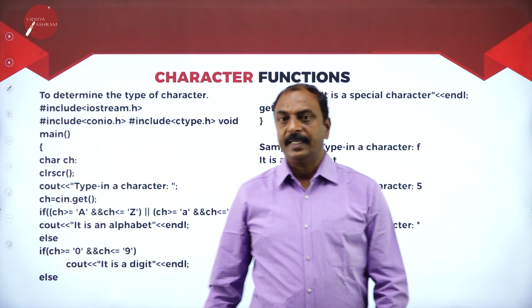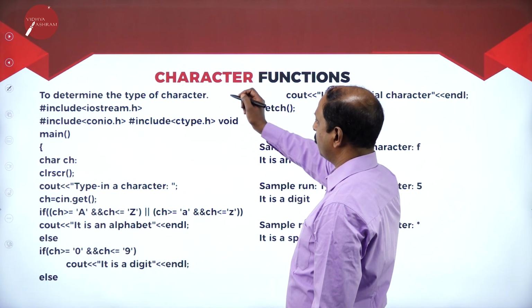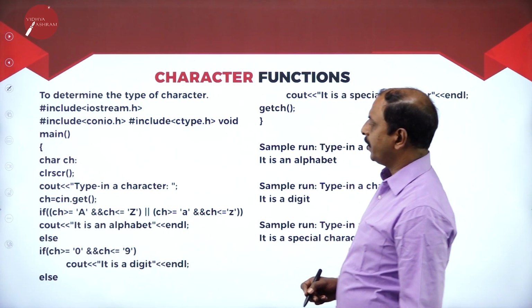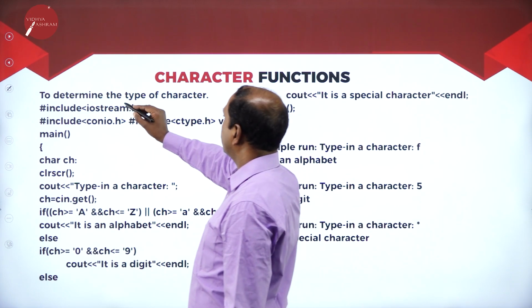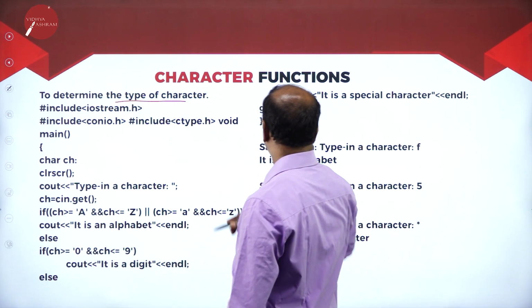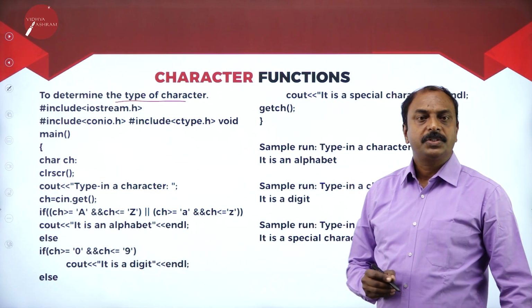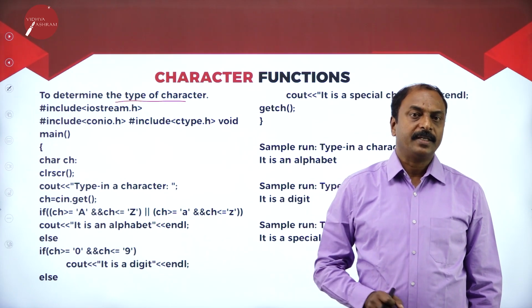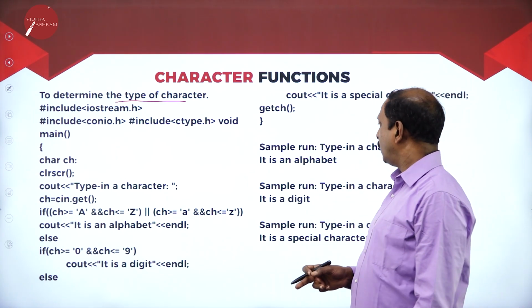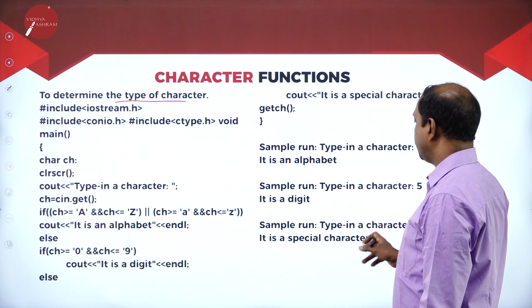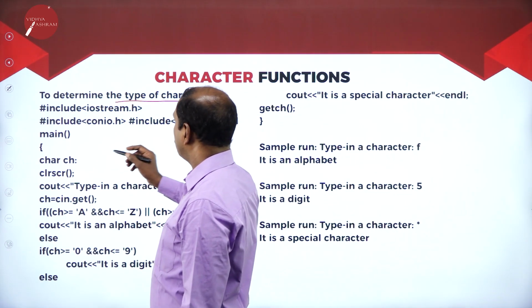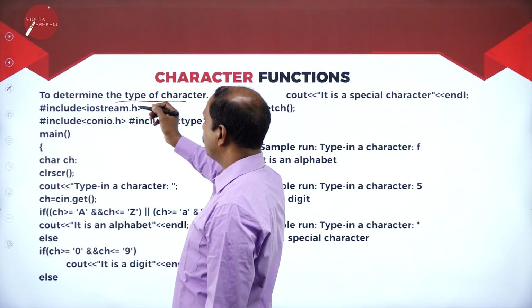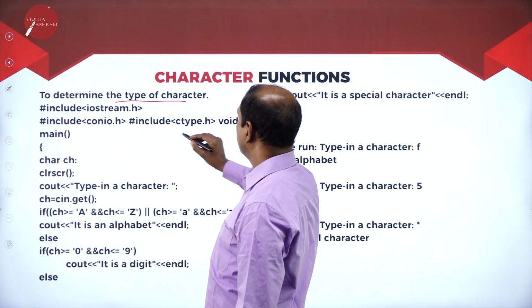Now let us see a simple example, a small program to work with character functions, to determine the type of character. It is a program to check whether the input character is an alphabet, a non-alphabet, a digit, and so on. The program starts with the header files iostream.h and ctype.h.